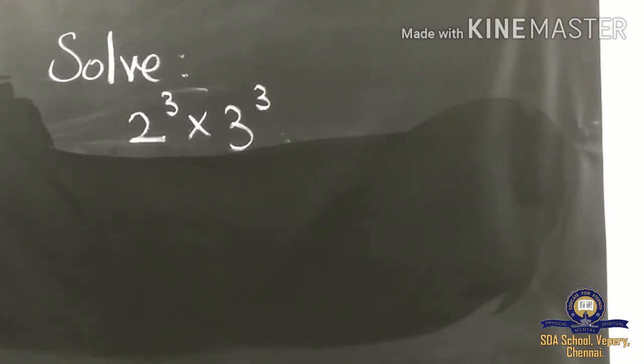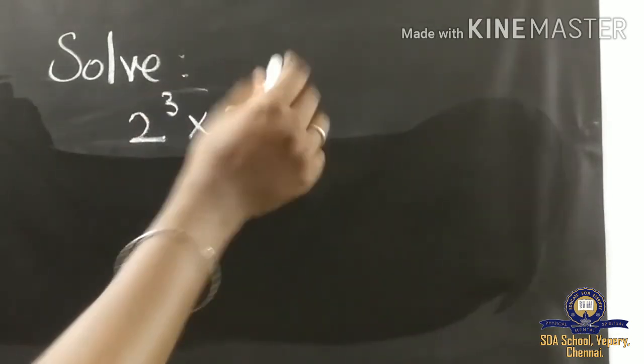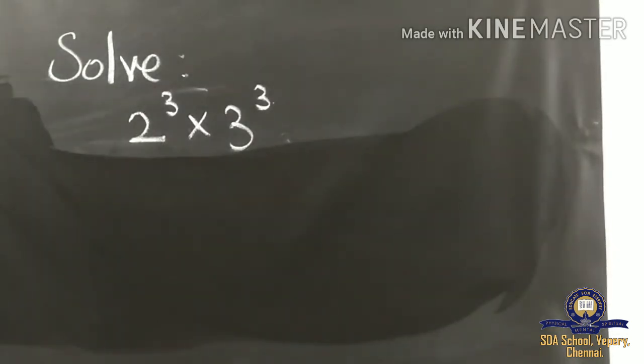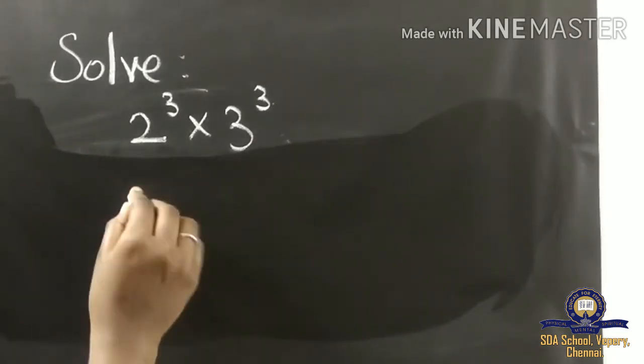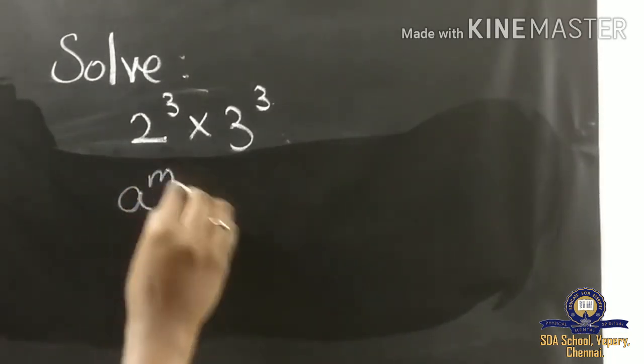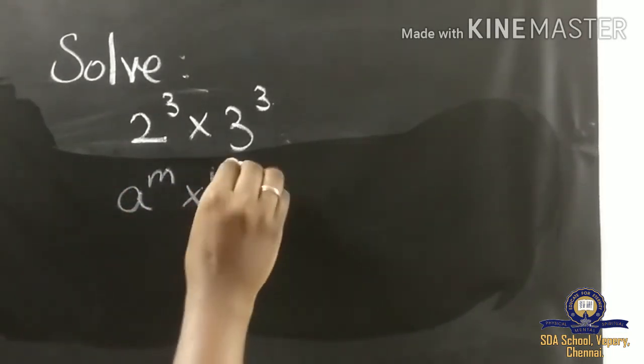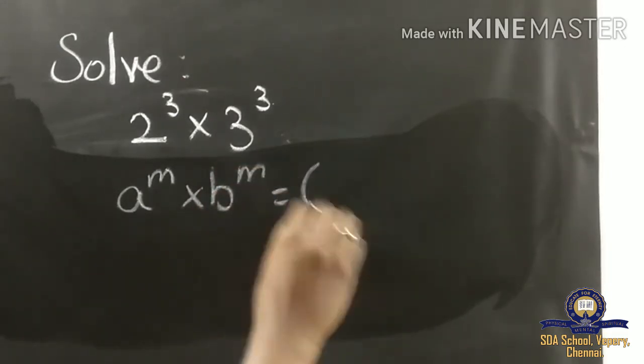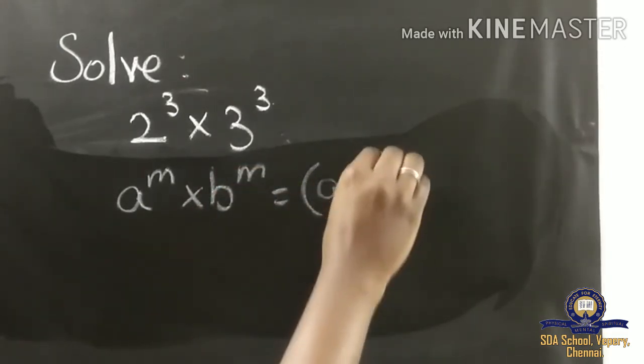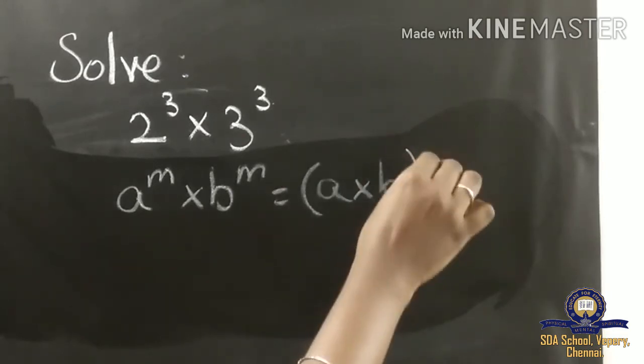Let's see one example. Here the given values are 2^3 into 3^3. There is a rule for multiplication of powers with equal exponents. Here your power will always be the same. The rule is a^m into b^m is equal to (a×b)^m.